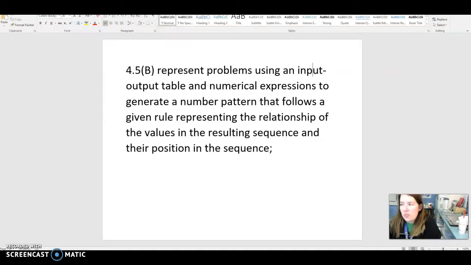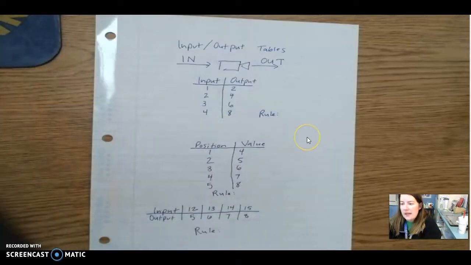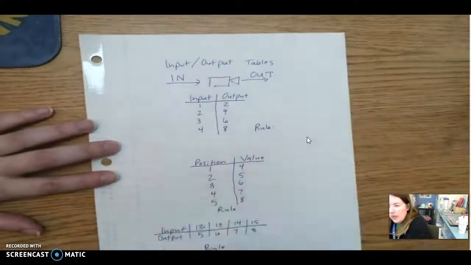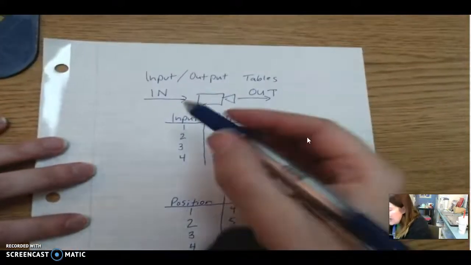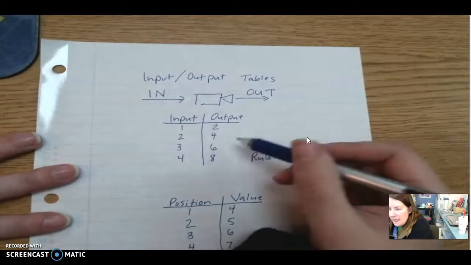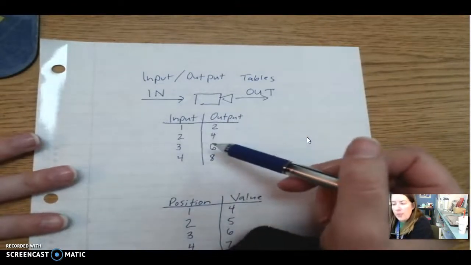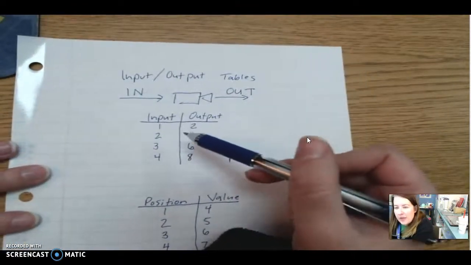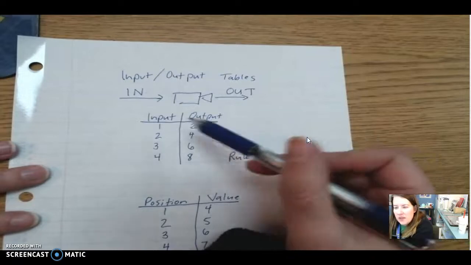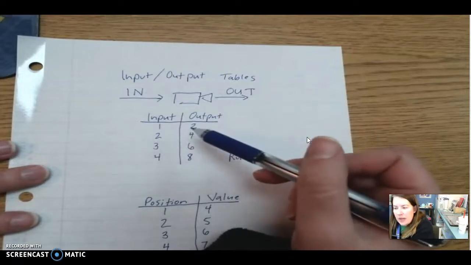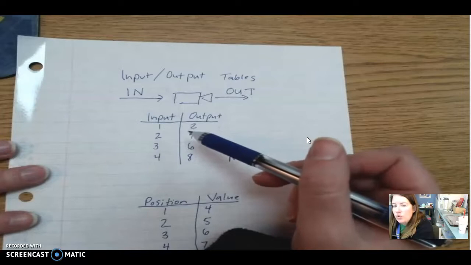Let me show you what an input-output table looks like, and I'll show you what we're going to do with this. So this is an example of an input-output table. Now, every single input-output table has a pattern. It's kind of like a puzzle. We have to figure out what pattern this input-output table is following and what rule it's following.